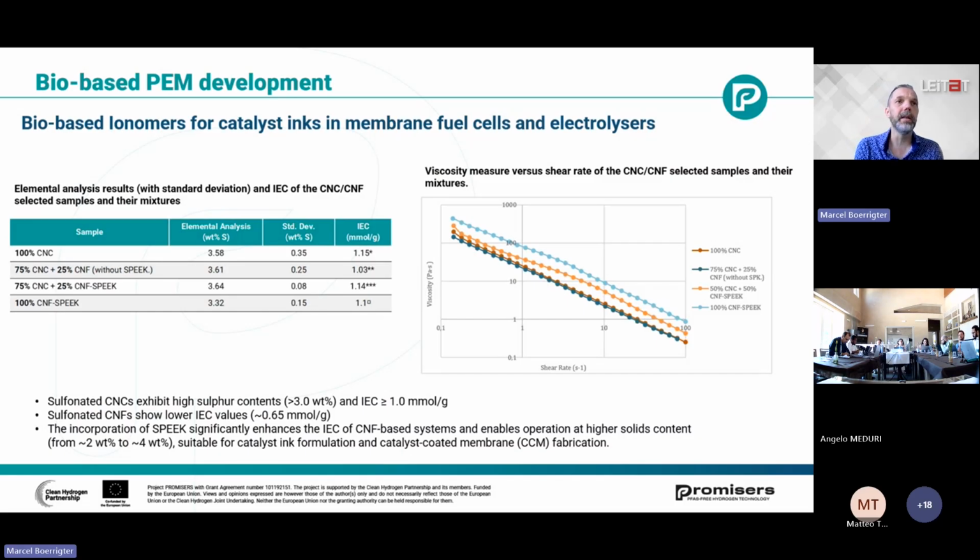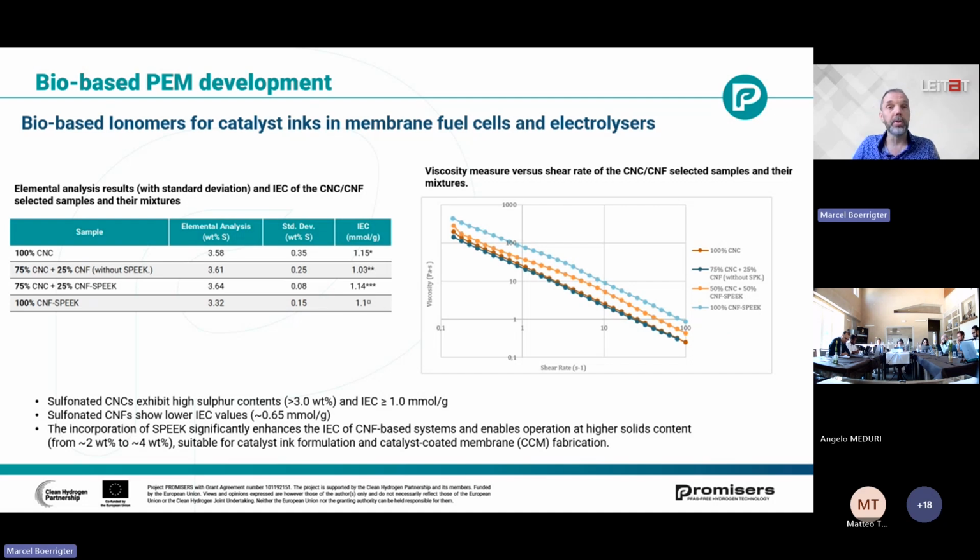Here you can see several combinations we did with CNC and CNF, and also some SPEEK was used. So various combinations, and then you can see the sulfur content, and then the IEC of the membrane.